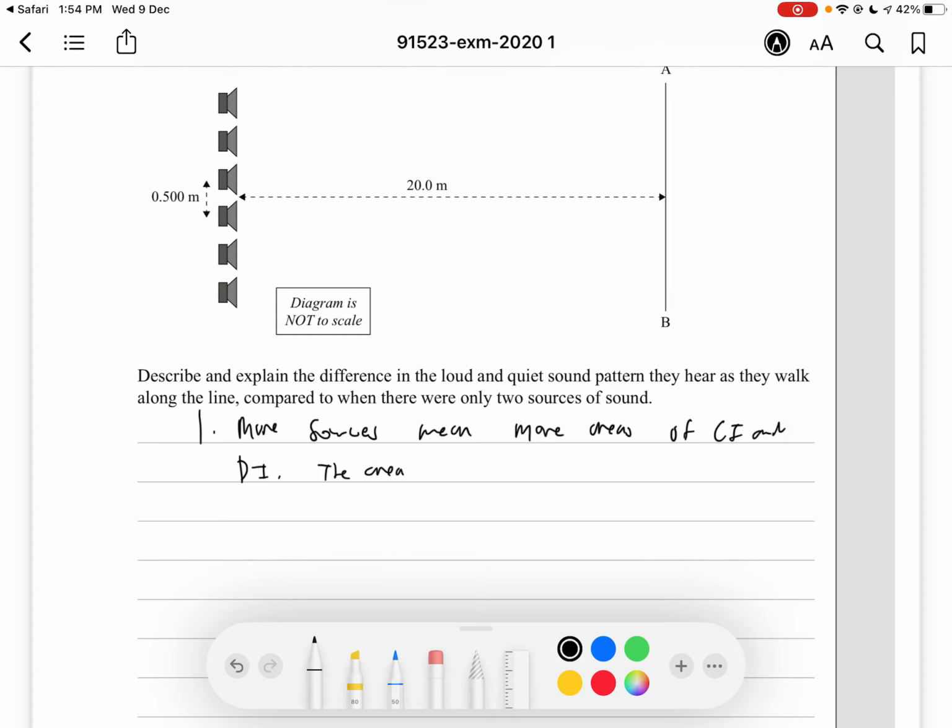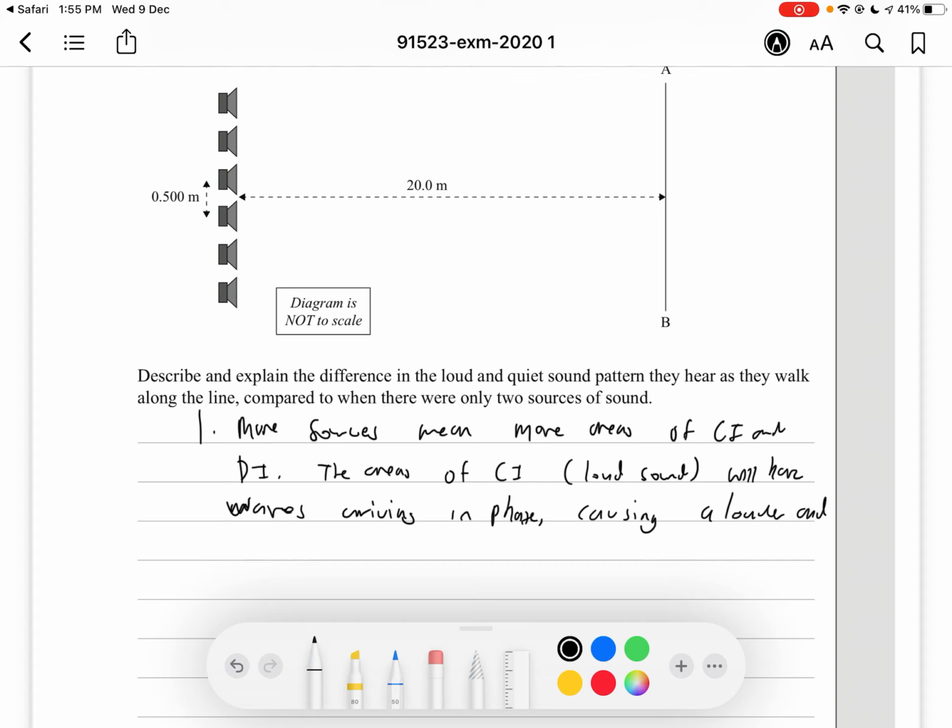The areas of CI for a loud sound will have more waves in phase, will have more waves arriving, causing a louder and more intense maxima.